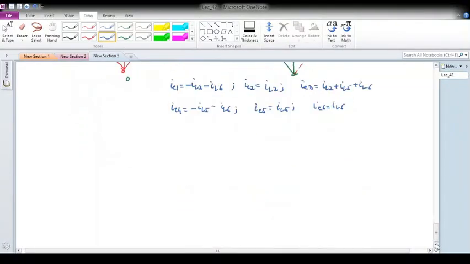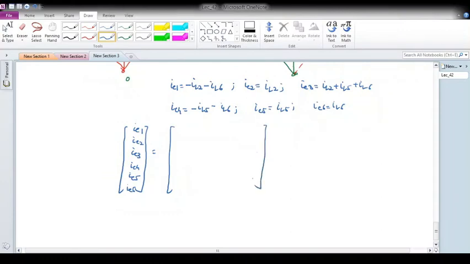Now let us express this in matrix form. This will be my branch currents I1, I2, up to I6, and I am expressing them in terms of the loop currents IL2, IL5 and IL6.